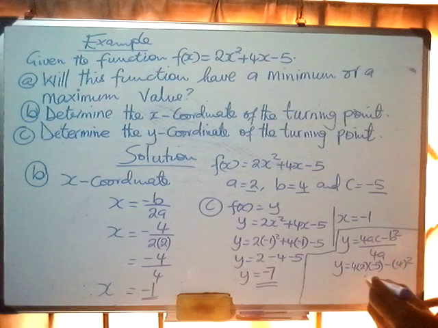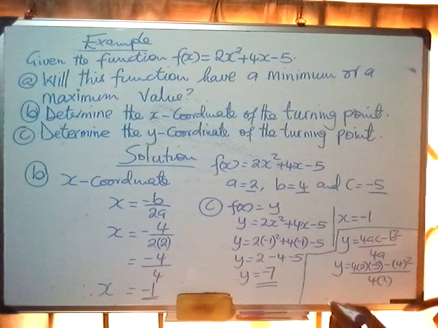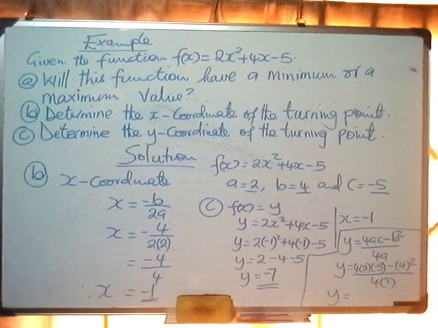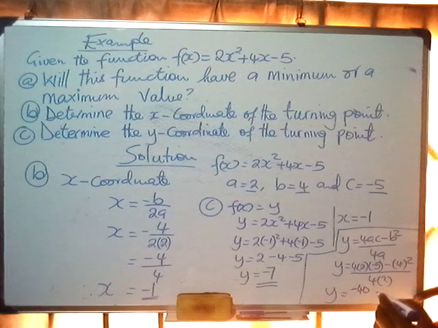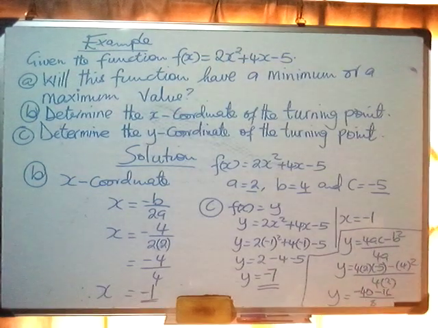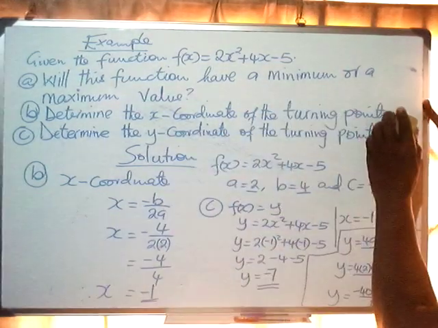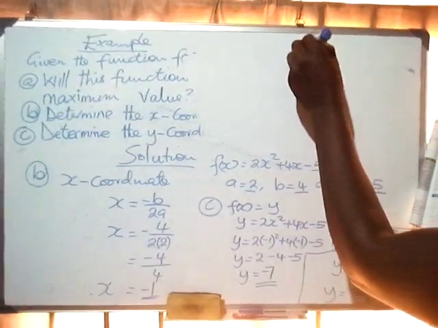Over 4 times our a, which is 2. So what are we going to have? What is 4 times 2? The answer is 8. 8 multiplied by -5 is -40. So -40 minus 16, because 4 squared is 16, then over 8. We get -56.